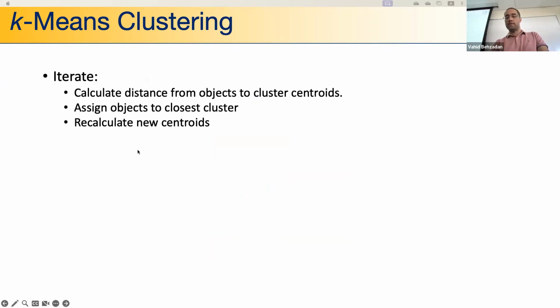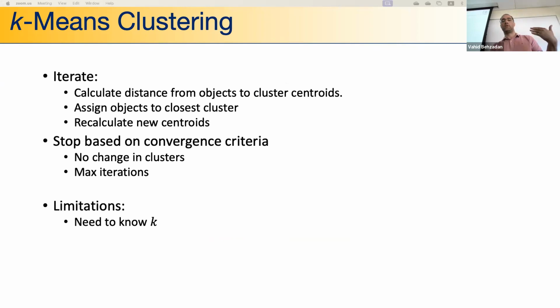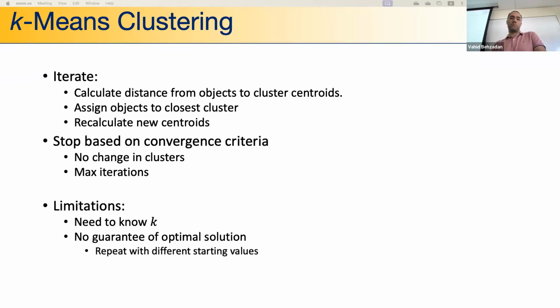So you keep iterating and stop when there is no change in clusters or you reach the maximum iterations. However, this needs you to know k, and it doesn't guarantee approaching the optimal solution. So in order to solve this, you can repeat the process multiple times.